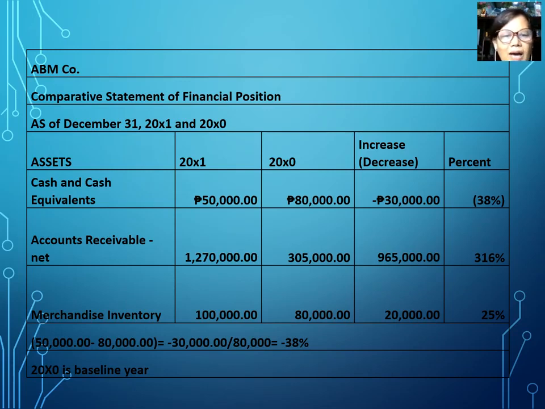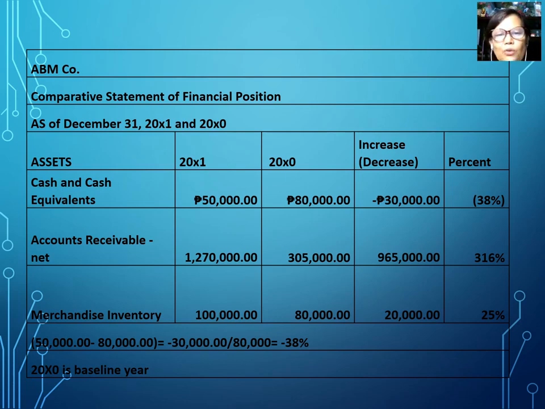Now, how about accounts receivable? Okay, let me review. Why should accounts receivable be netted? Because there is a contra asset account of allowance for doubtful accounts. So, there is a provision for doubtful accounts. It should be netted. In 20x1, it is 1,270,000.